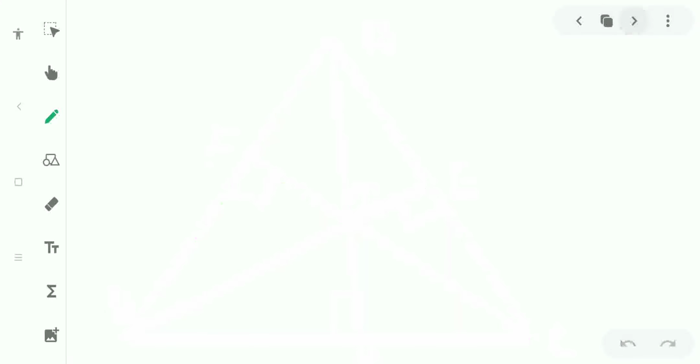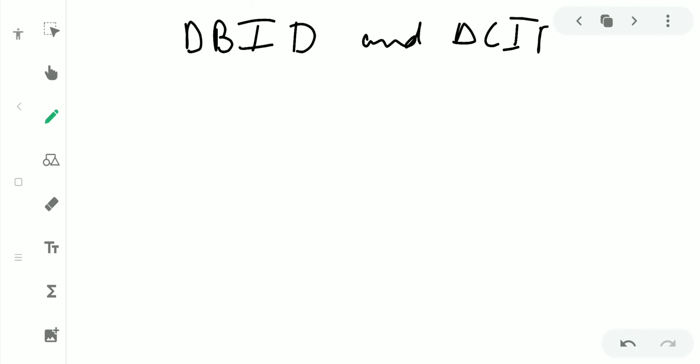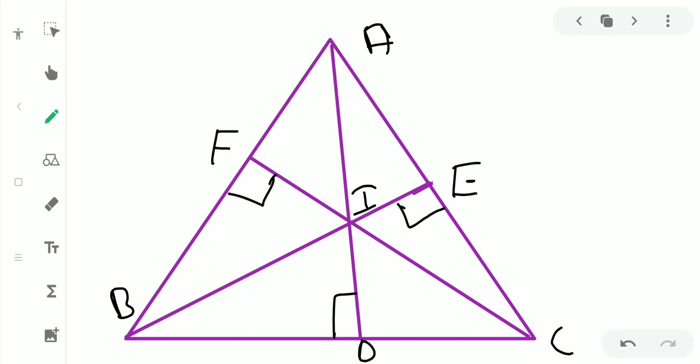So now consider triangle BID and triangle CID. Let us prove the congruency between them.